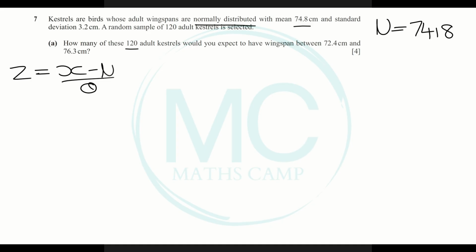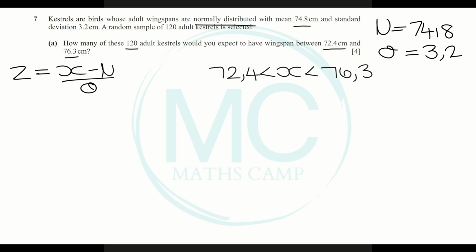And the standard deviation, sigma, is 3,2. The question is asking us to look at wingspans between 72,4 centimeters and 76,3 centimeters. I'm going to make a note. 72,4 centimeters is smaller than X, which is smaller than 76,3 centimeters.